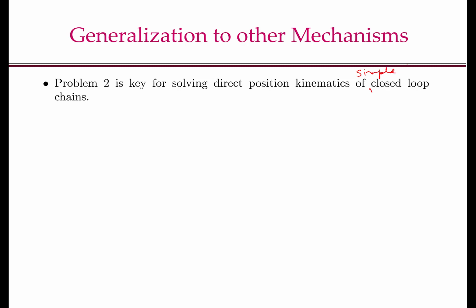What does a simple closed loop chain mean? A simple closed loop chain means that there is only one loop. So I can have many links, but I just have one single loop. I cannot have the ground link as a ternary link. The ground link is only a binary link, and all other links are binary links.